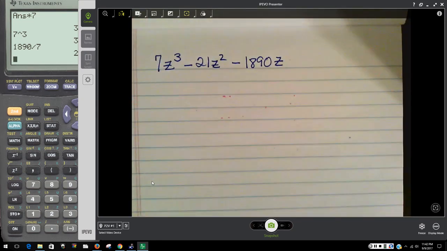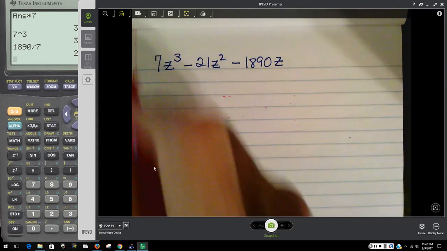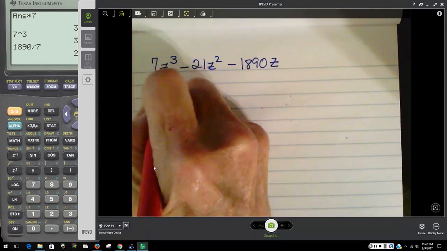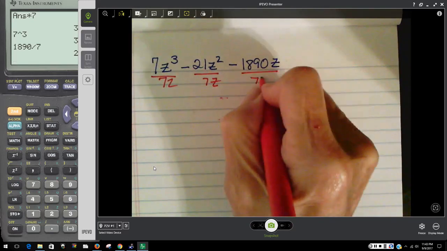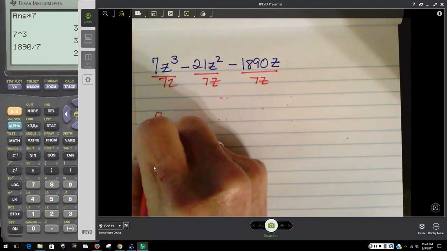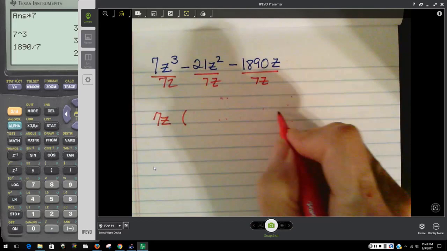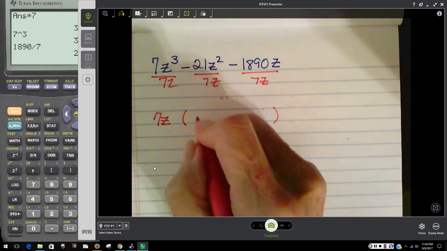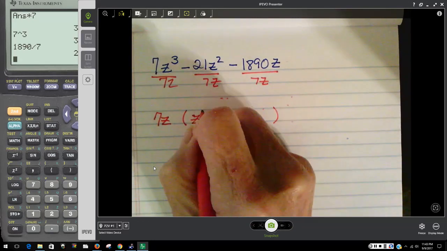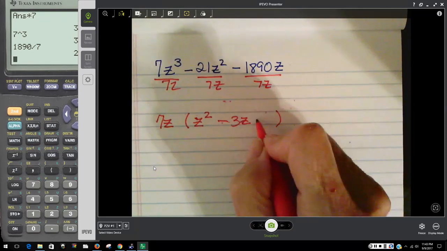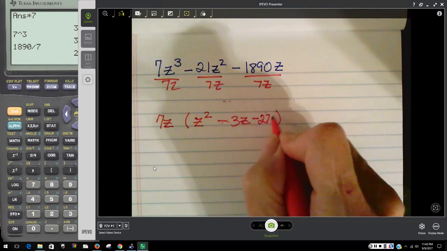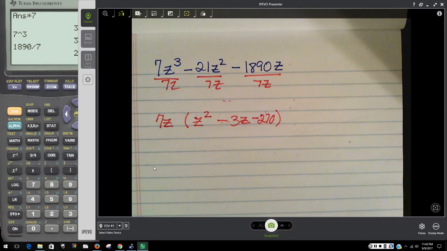So again, the first thing I'll do is factor out the greatest common factor. So this winds up to be z squared minus 3z minus 270, because 1890z divided by 7 is 270.